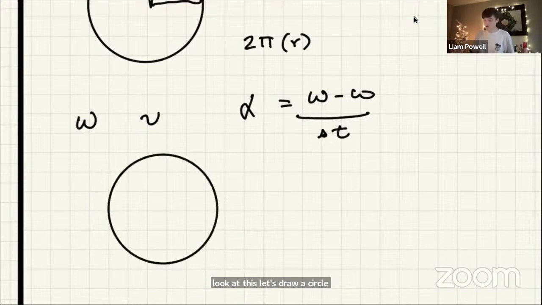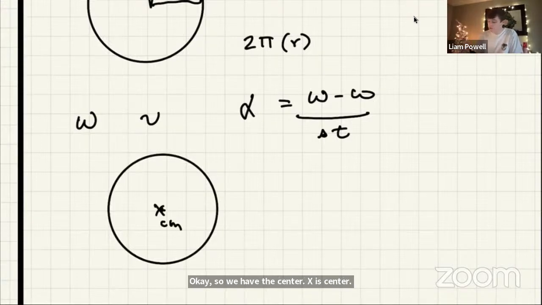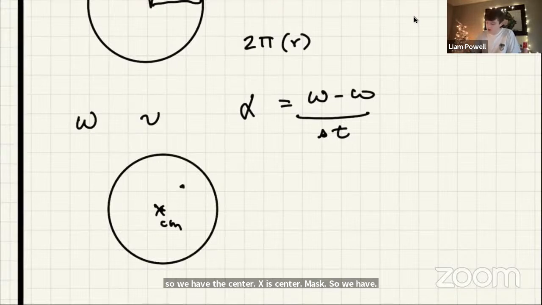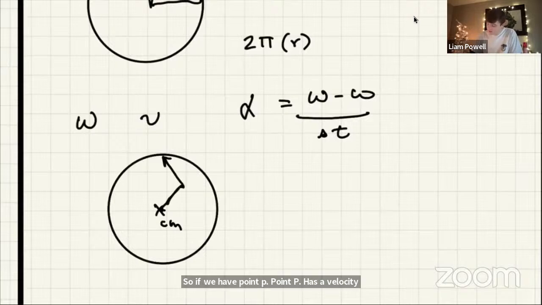Okay. So we have the center. X is center mass. If we have point P, it has a velocity this way, it has a distance this way, and it travels with omega.